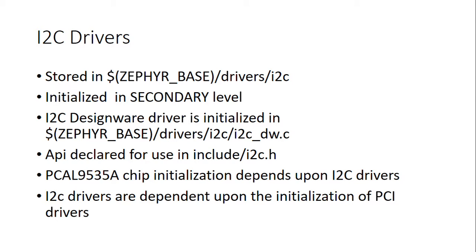To verify this and make sure that it happens, we generally have a Kconfig file for PCAL9535A. In that Kconfig file, we can specify that the PCAL9535A chip drivers are dependent upon I2C drivers.